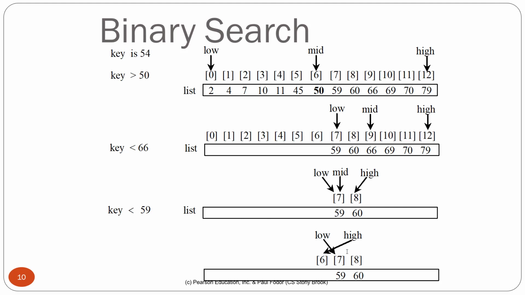So you will update high, and high will in fact be less than low. When high is less than low, that means you cannot search anymore. In that case, you'll have to return -1, which gives you an idea that the element was not present in your array.